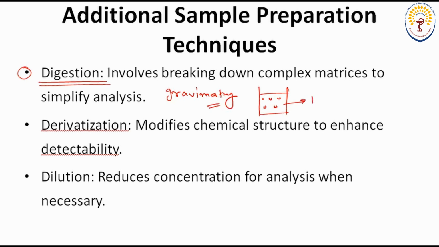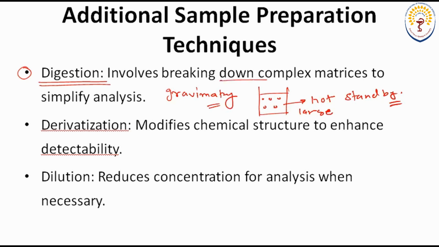We keep this sample hot and allow it to stand for, say, 1 hour, 2 hours or 3 hours. Then small particles get dissolved and form larger particles, and these larger particles accumulate on the precipitate.